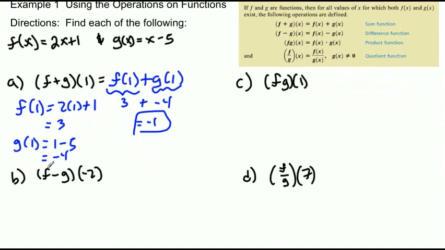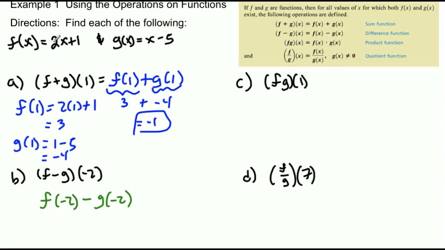And the way that this works is f minus g of negative 2. So that means we're going to do f of negative 2 minus g of negative 2. All right, that's just simply how that works there. And you just plug in these values. So I'm just going to do this a little quicker now. So I'm plugging negative 2 here.